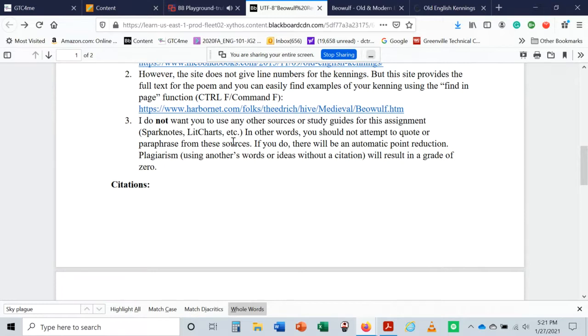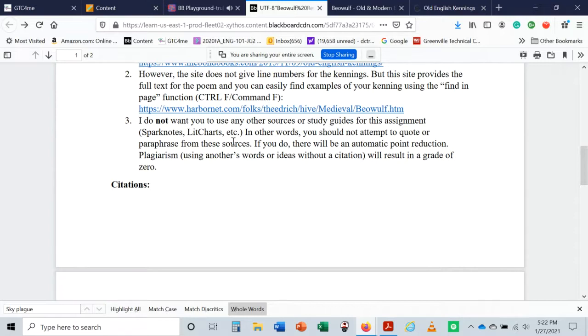I want you to avoid the temptation of jumping onto these sites and trying to use them for your analysis in this assignment. You should be able to do this without that. You should be able to look at a kenning like Shepherd of the People and think about what that means, what it means to be a shepherd, explain what that means, and explain how that applies to the poem.